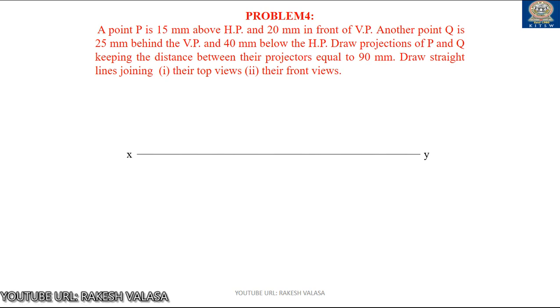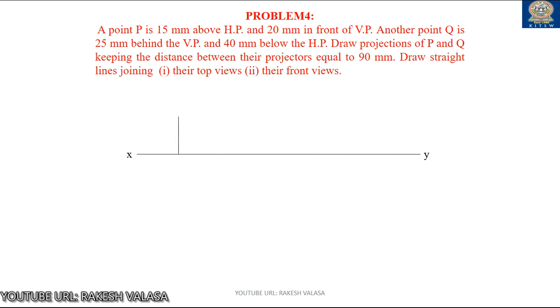Just draw it similar to the first coordinate: the front view falls on the vertical plane and the top view projection falls on the horizontal plane. When you rotate the horizontal plane 90 degrees clockwise, the top view point goes below the XY line.